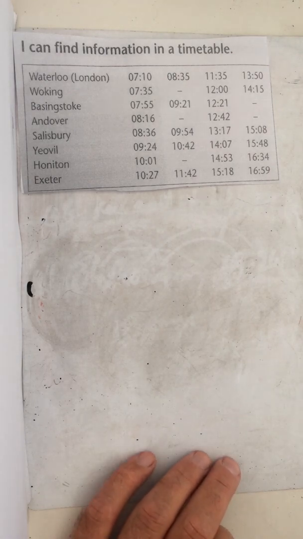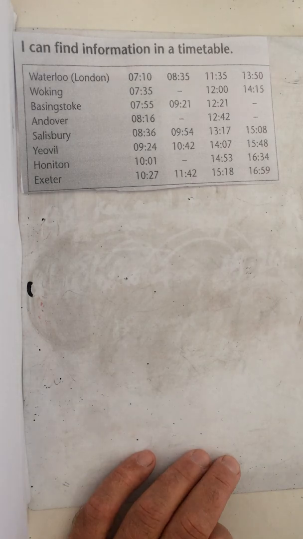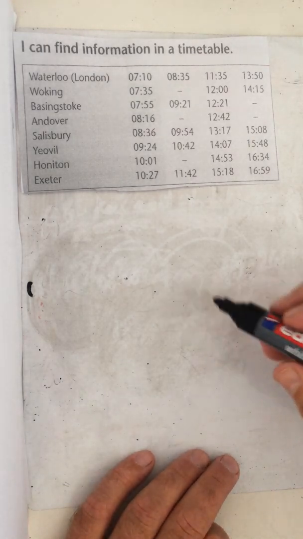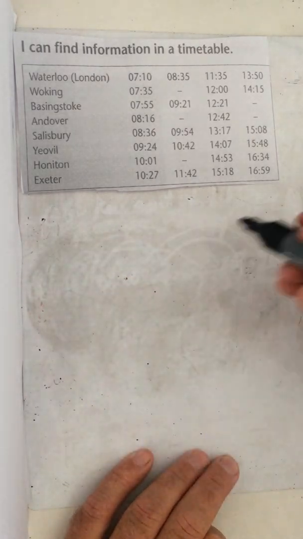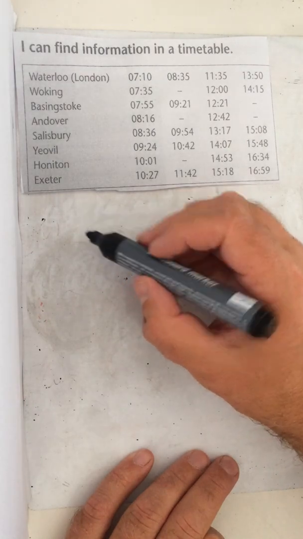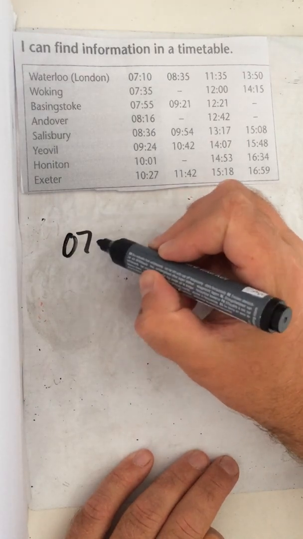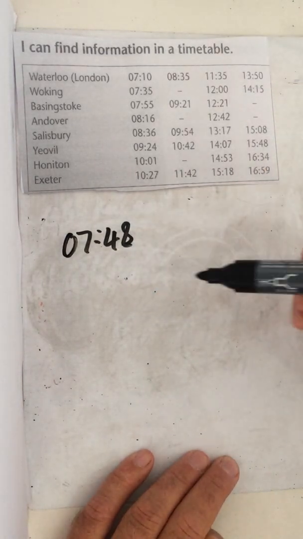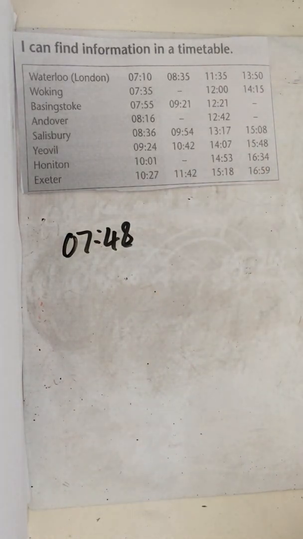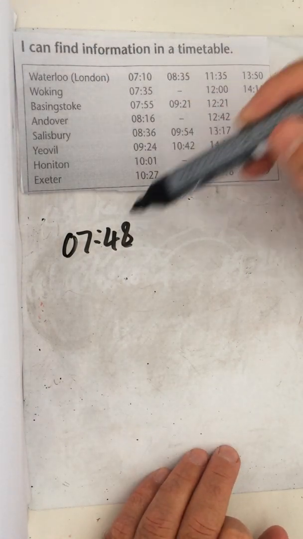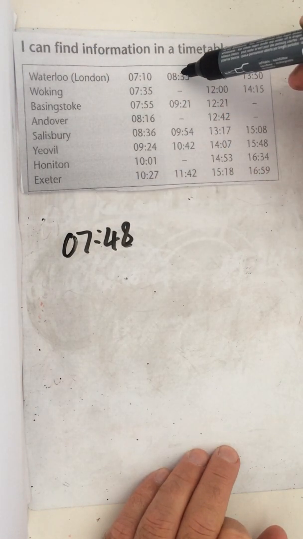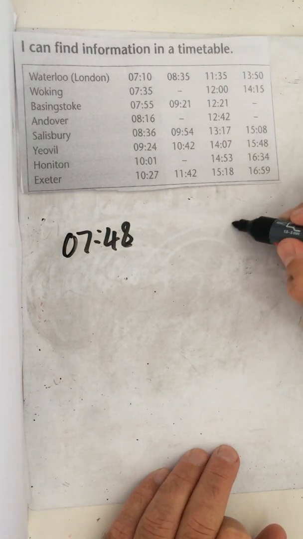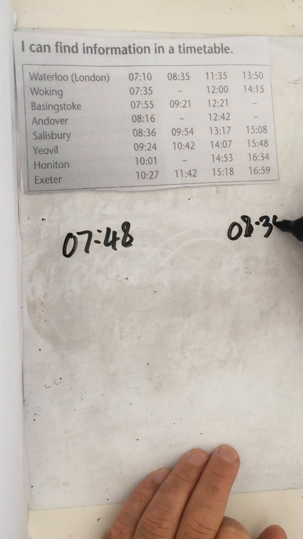So let's have a look. Say, for example, you arrived at Waterloo at 07:48. How long before you could catch the next train to Exeter? So if you arrive in here, and this is when your next train is available, 08:35.